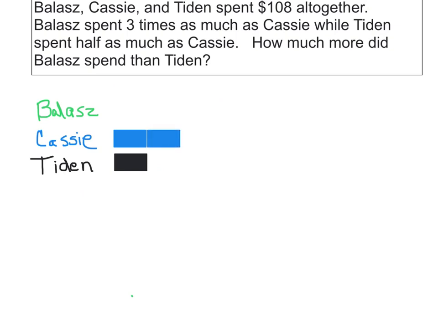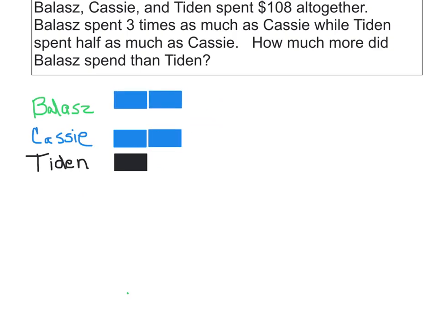And now I'm thinking about how do I draw Balazs. Well, Balazs spent 3 times as much as Cassie. So even though she's got 2 boxes, I've got to triple or do 3 times as much as what Cassie has and give that to Balazs.